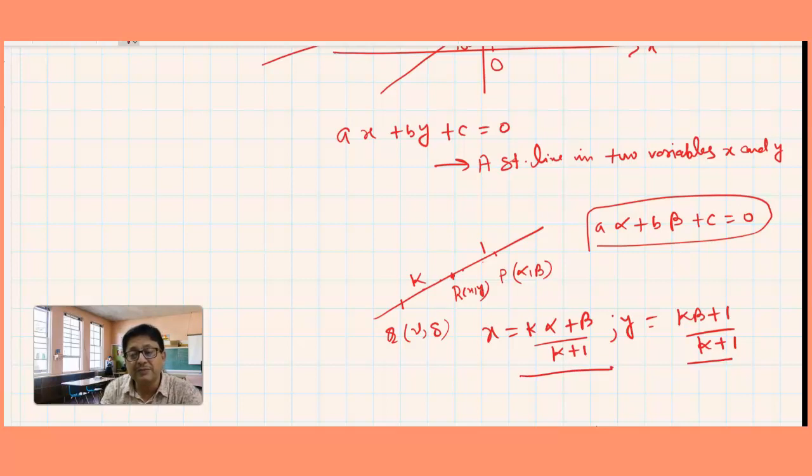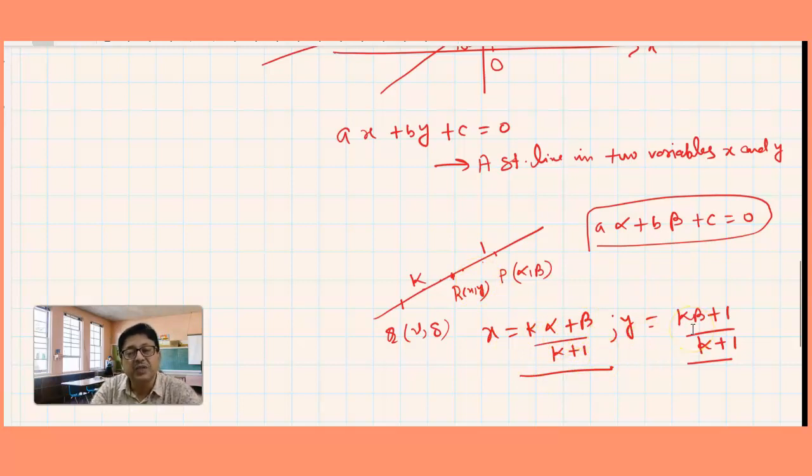We are going to prove a very general concept about the line: if 2 points are known on a line, then any point which divides the segment joining them internally, or externally also, will lie on the line. Let us prove it. We have taken the point alpha beta and another point gamma delta. Rxy is a point lying on it. By using the class 10 section formula, we get x equal to this and y equal to this.